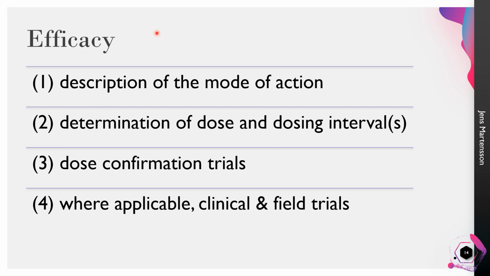So when we say field trial, this involves the evaluation of whether an agent or procedure reduces the risk of developing disease among those free from that condition at enrollment in the trial.